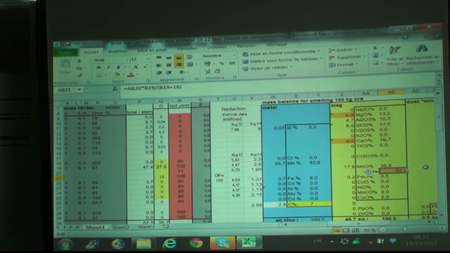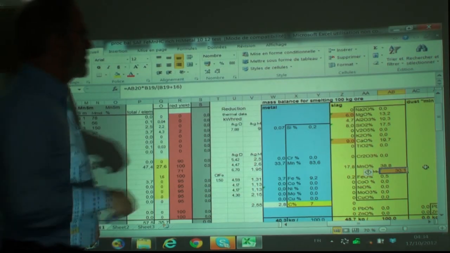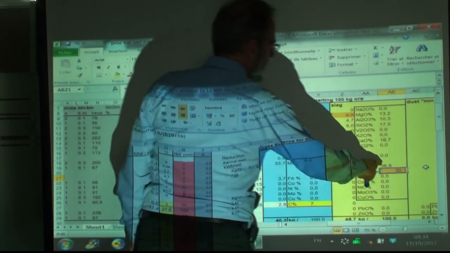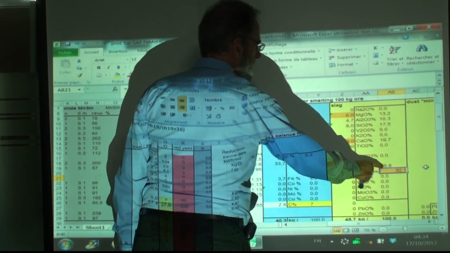You agree? This is 71. Agree? I just explained how this is deduced from this.